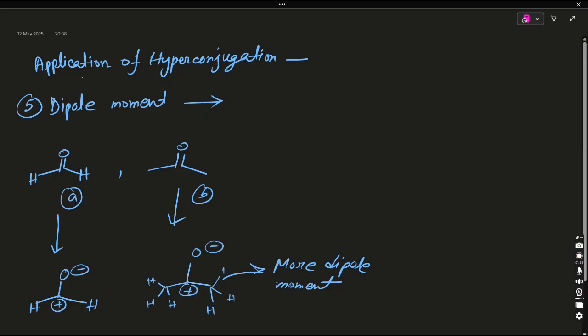To compare this, we discuss the effect of hyperconjugation. In this case, the alpha hydrogens are present and they take part in hyperconjugation and stabilize the carbocation, so that this structure is more stable, and obviously this has more dipole moment.